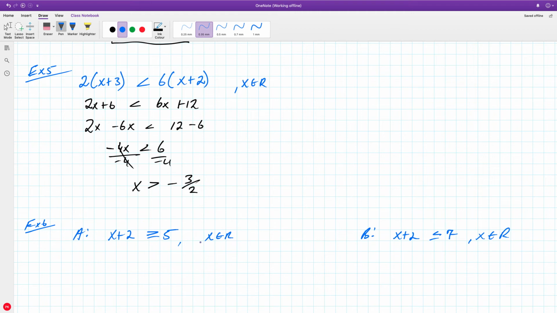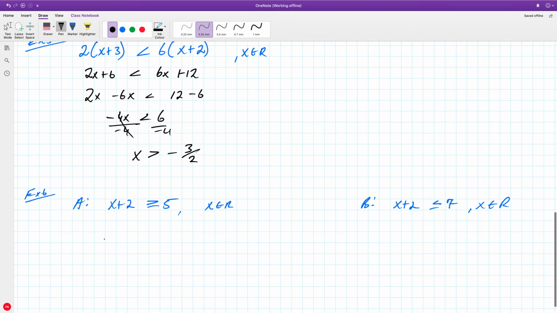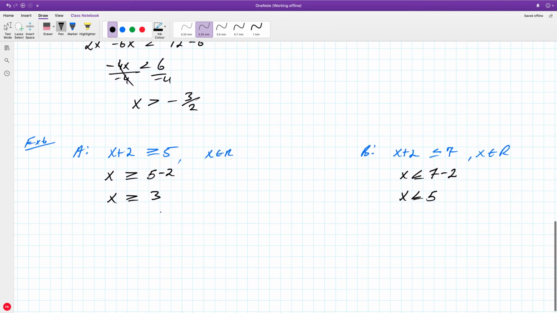So we want to find A intersection B. So we solve the two of them first of all. That's x greater than or equal to 5 minus 2. That's x greater than or equal to 3. That's x less than or equal to 7 minus 2. X less than or equal to 5, where x is an element of R.